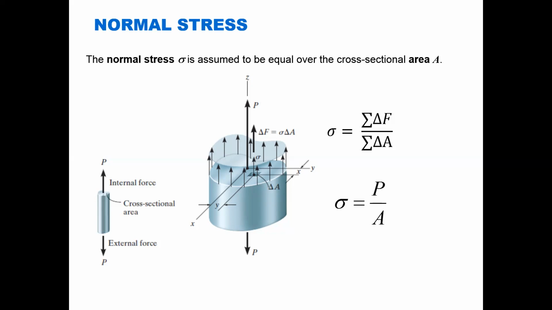It doesn't have to always be the letter P. We're used to seeing cross-sectional area represented with a capital letter A. That's pretty common. But notice the units are what we would expect them to be, some force divided by the area.